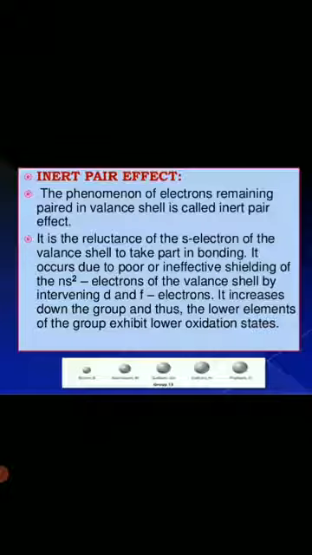It increases down the group, and thus the lower elements of the group exhibit the lower oxidation state. That means down the group, elements will show a lower oxidation state than their group oxidation state.